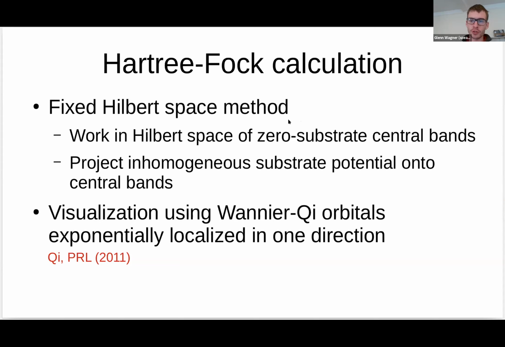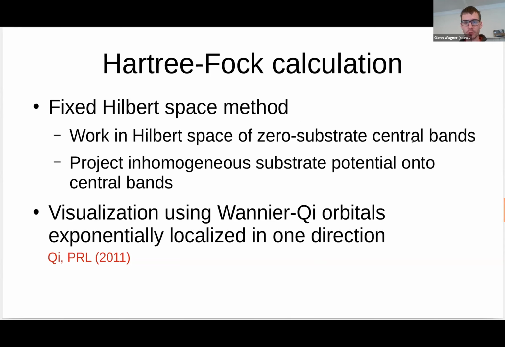And of course, you can solve the continuum model with a finite subset, but this leads to problems when you try to stitch together these different Hilbert spaces on the left and the right of the system. So instead, we use a different method. We work in the Hilbert space of the zero subset central band.